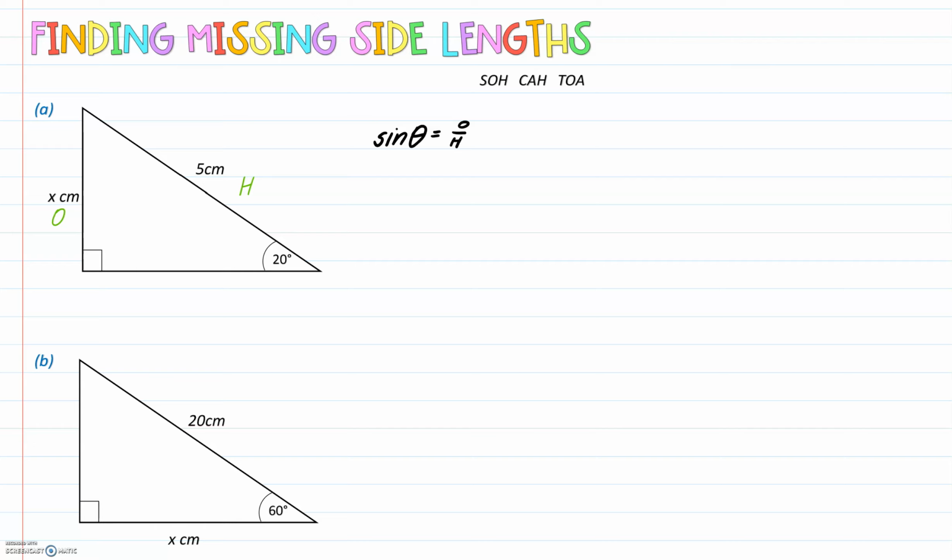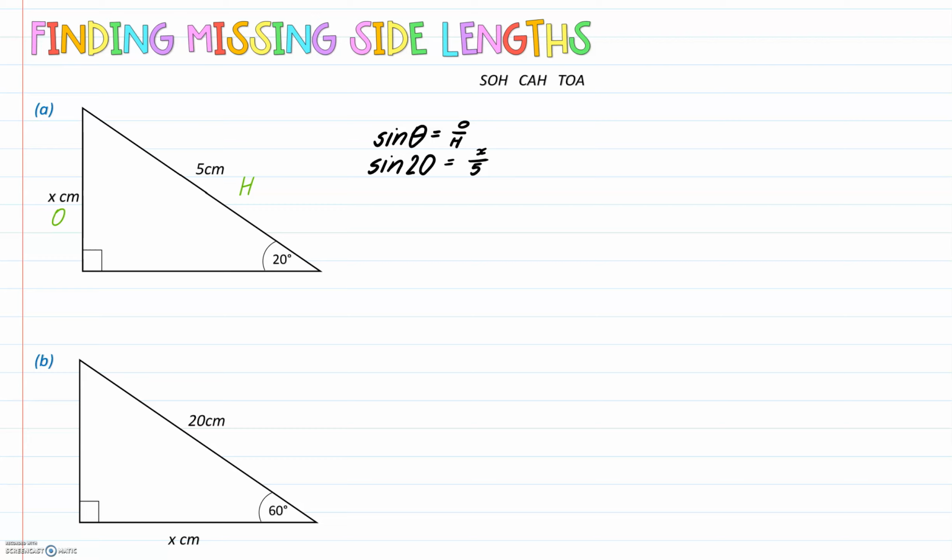The next step is to fill in what we do know. Okay, so we're told that the angle we're working with is 20 degrees. So instead of theta, we can write sine 20 equals opposite. Our opposite is x divided by the hypotenuse, which is 5. So that's our third step done.